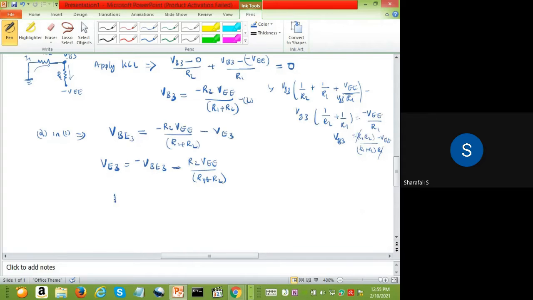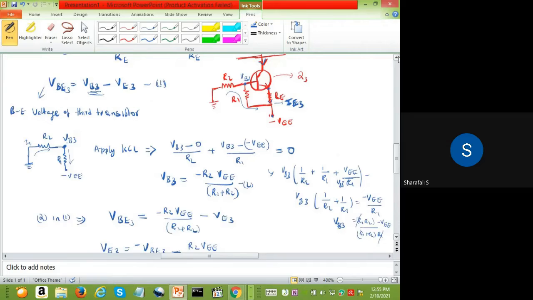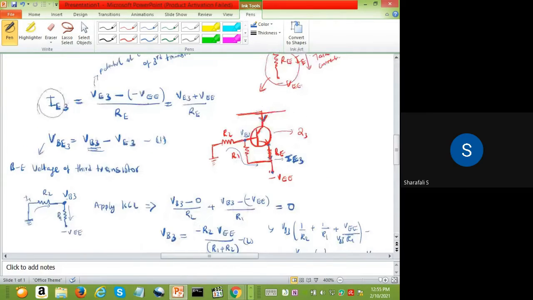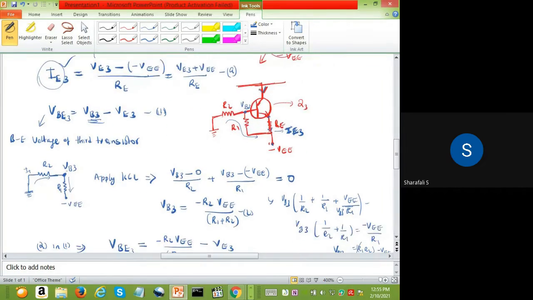Now IE3 will be, what is IE3? This expression. IE3 I had to calculate. So in IE3 I had to substitute VE3.